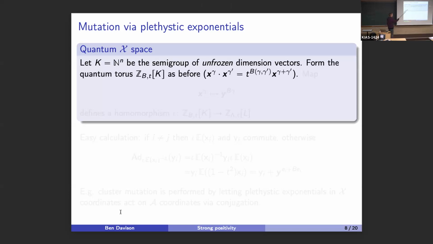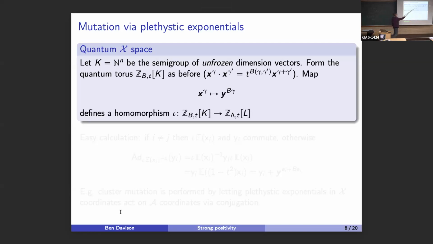Okay, so recall that to form a quantum torus, I just needed to give you a lattice, but here I just do the same thing. Instead of taking Laurent polynomials, I take honest polynomials. And then B is the skew-symmetric form, which quantizes this quantum ring. So here I have the same kind of thing as you saw before, defining the commutativity of this thing.